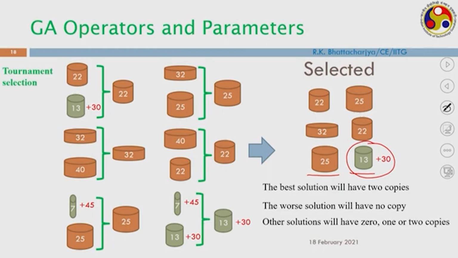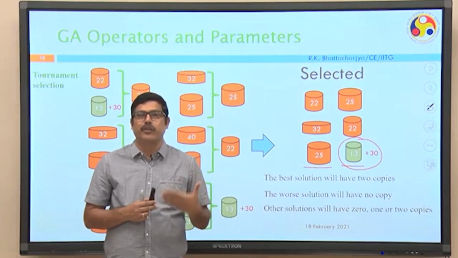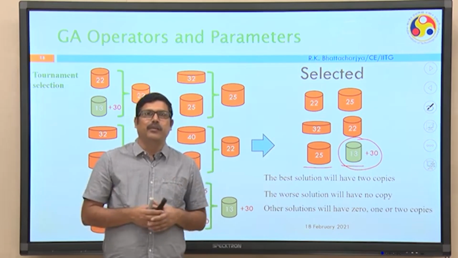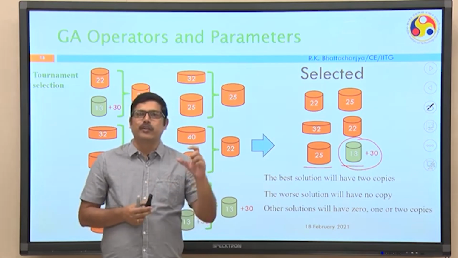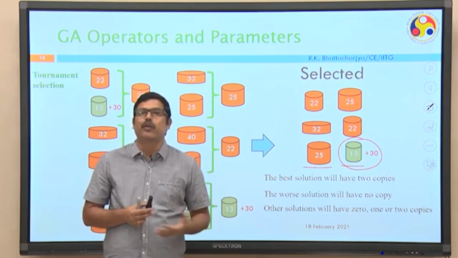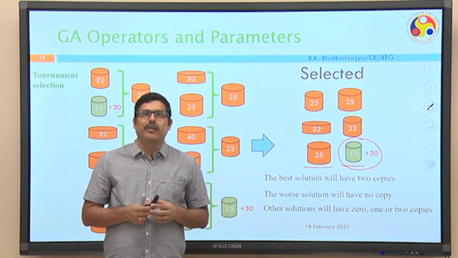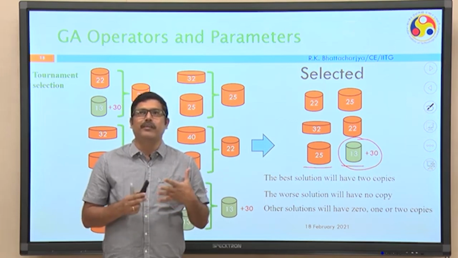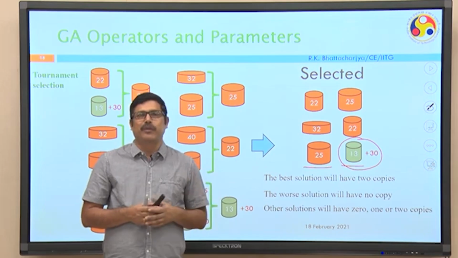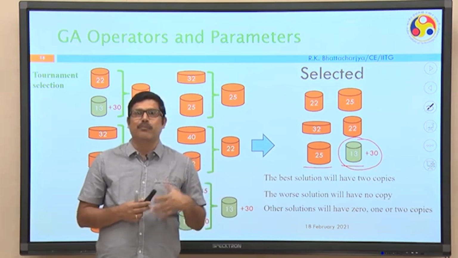If you take a tournament size of 3, the best solution will have 3 copies, that means out of 6 solutions in your next generation, 3 will be the best solution. That is not a healthy situation. I need diversity here. I will also discuss what problem we may face if we have multiple copies of the best solution.